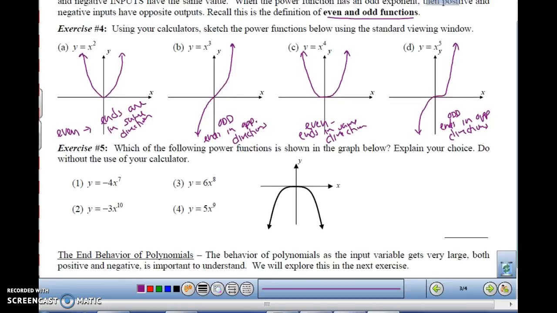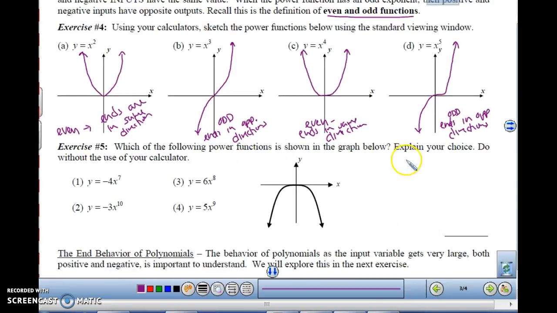Which of the following power functions is shown in the graph below? Explain your choice, without the use of the calculator. First of all, which way are the ends pointing? They're pointing in the same direction, which means this is going to be an even function. That eliminates number 4 and number 1.